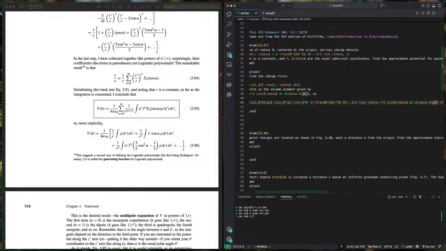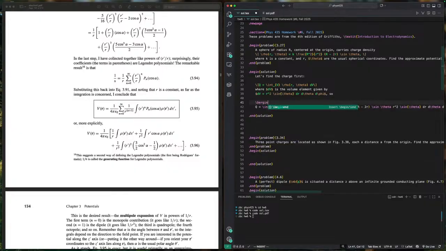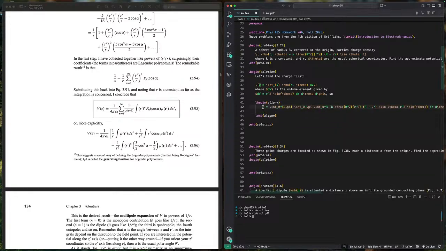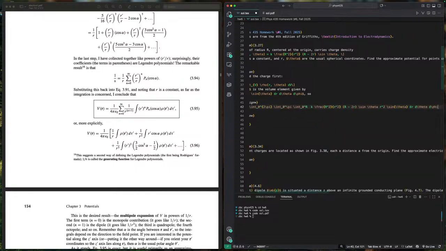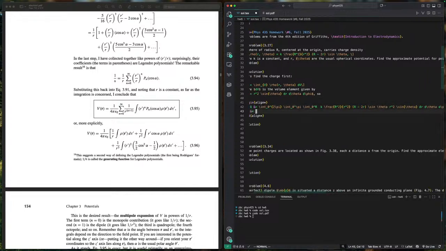Okay, so let's first rewrite this in an align environment, and add this alignment so that we can now type. We can just copy this for now.